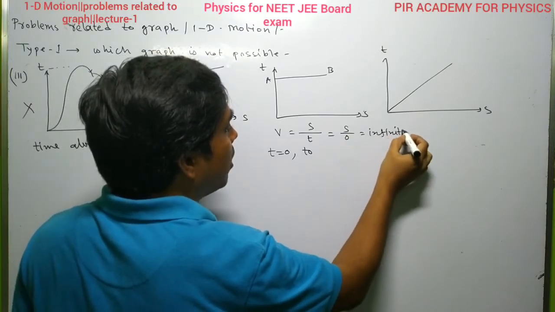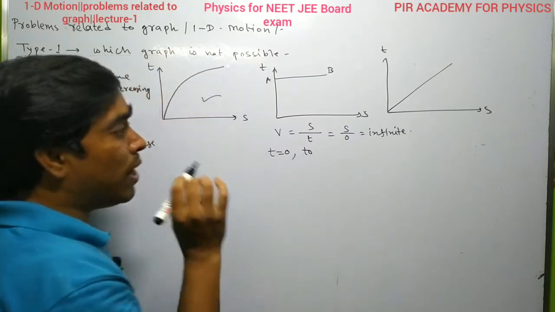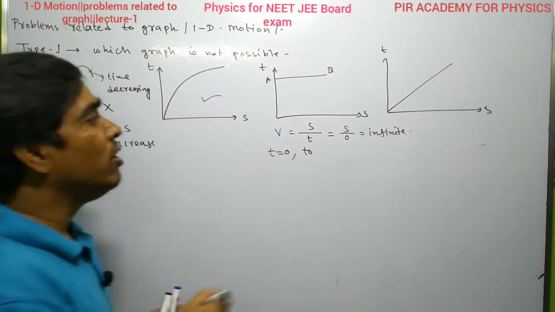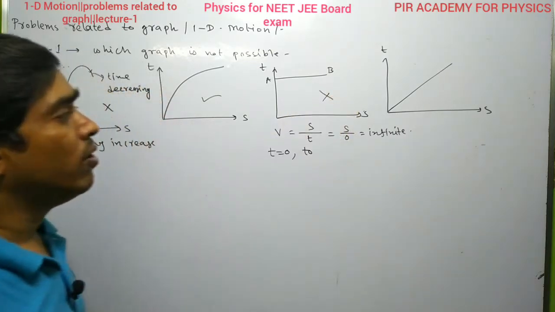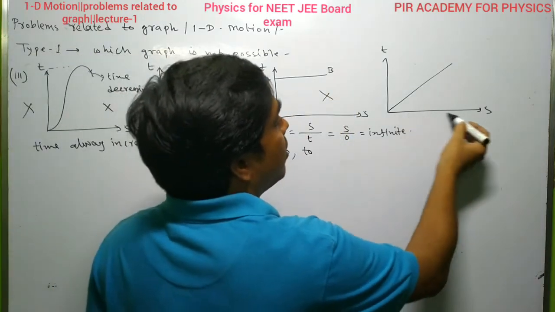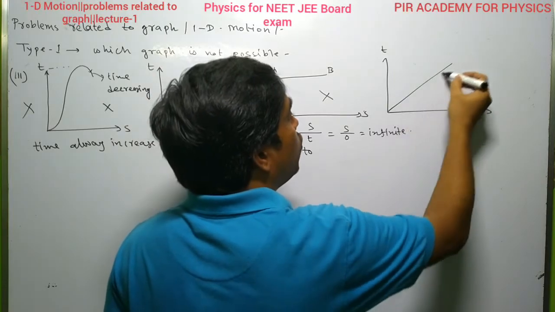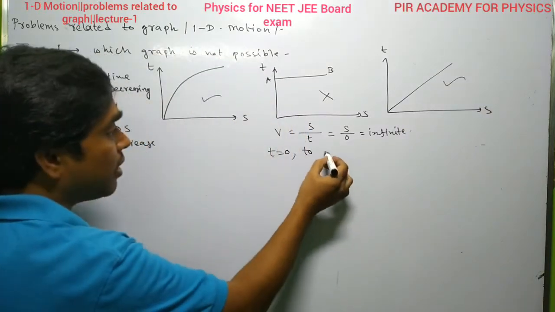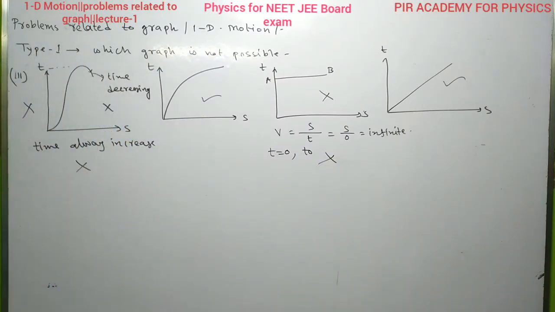A particle cannot possess infinite velocity. So this curve is not possible. Here the distance and time are proportional to each other, so it is a straight line, so this is okay. So this curve and this curve are not possible.